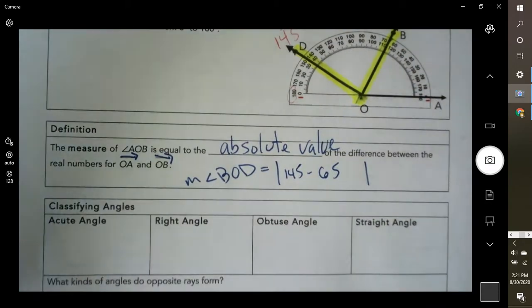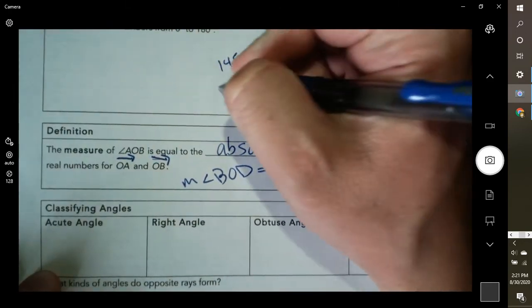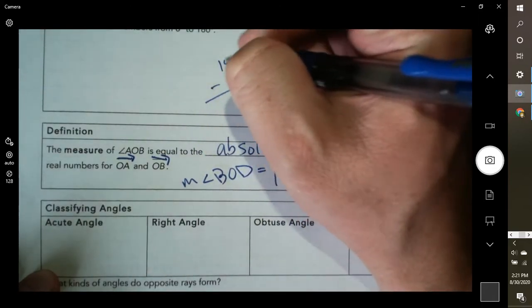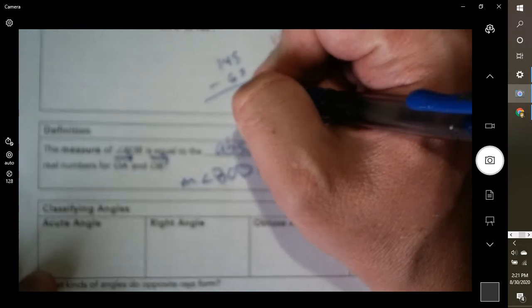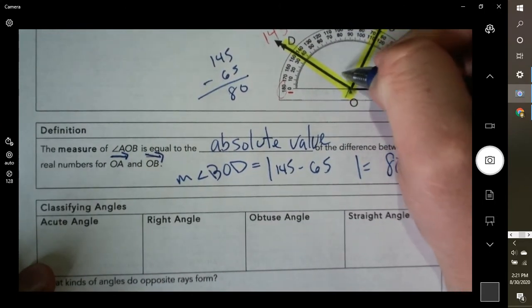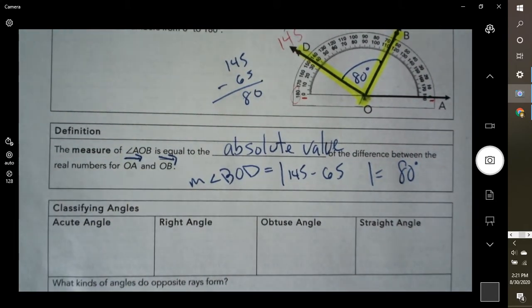So we're just getting the difference of those two angle measurements. 145 minus 65, 14 minus 6 gives me 8. And we're looking at that angle here. We'll call it 80 degrees and draw a nice little arch in there representing that 80.